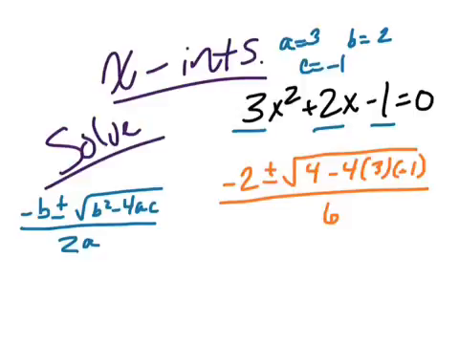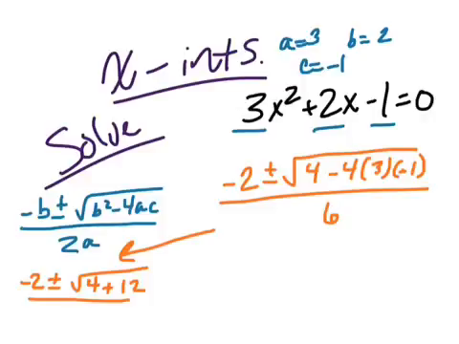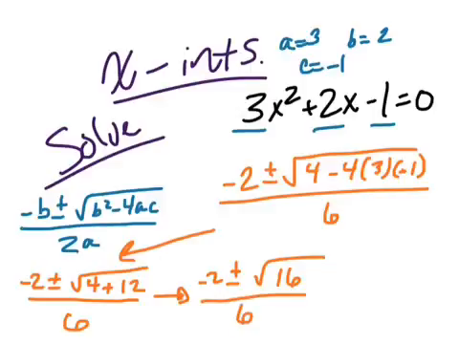Alright, so we've got negative 2 plus or minus the square root of 4 minus 4 times, negative 4 times 3 is negative 12, times negative 1 is positive 12, over 6. Alright, we'll keep simplifying this. Negative 2 plus or minus the square root of 16 over 6.